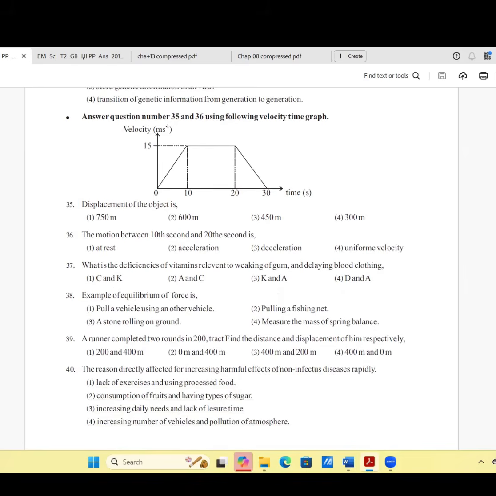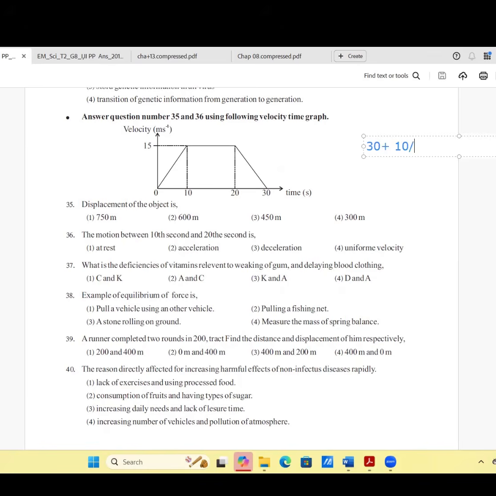Answer questions number 35 and 36 using the following velocity time graph. Displacement of the object is. To find the displacement of the object, you have to find the area under this trapezium. To find the area of the trapezium, you take the bottom length, 30, plus the upper length, 10.